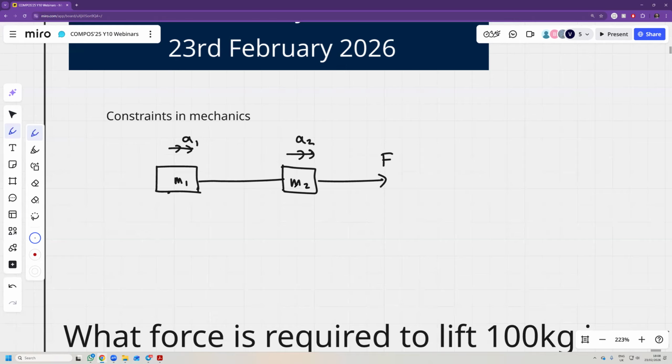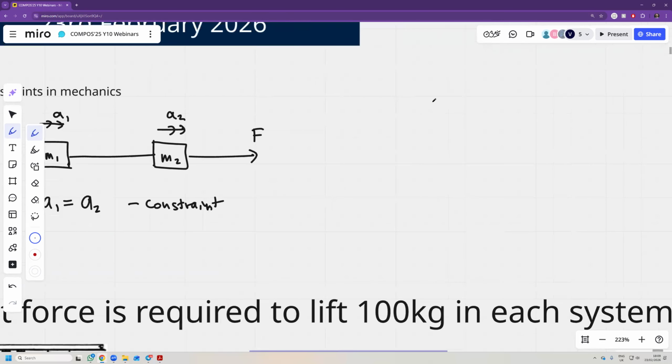In mechanics, we use constraints a lot when we solve problems. For example, if we have a pulley attached to the ceiling, and we have one rope and a mass M1, and another mass M2, and let's say M2 is heavier than M1, then M2 would accelerate downwards with acceleration A2, and M1 would accelerate upwards with acceleration A1.